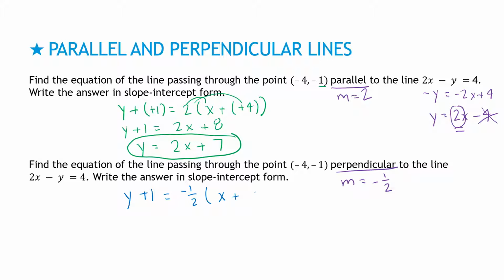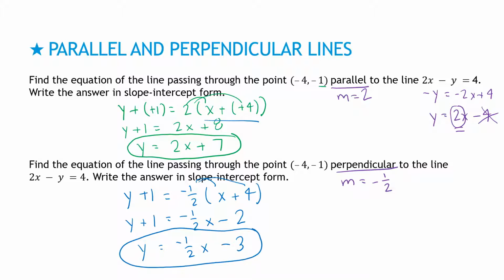So again, if you want to write that as plus 4, notice it's the same thing I did up here. That gives me y plus 1, distributing the -1/2, -1/2 x. -1/2 of 4 is -2, so I'm going to write -2. Subtract 1 from each side. -2 minus 1 is -3, and so that is the line that is perpendicular.